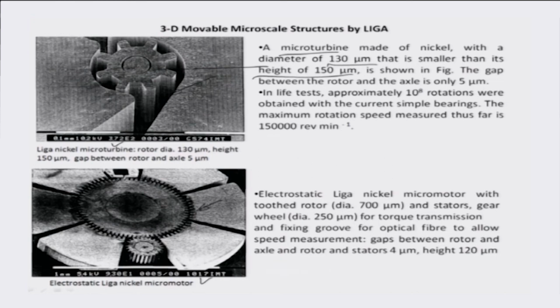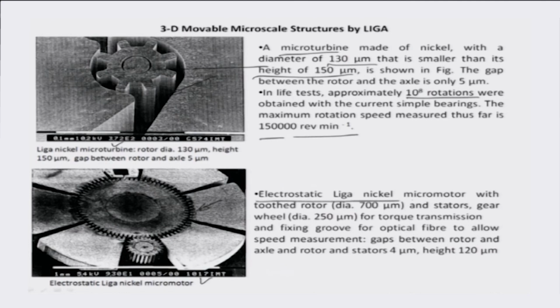So it is a large diameter high aspect ratio structure, and if you really test this turbine, it can generate about 10 to the power of 8 rotations. Okay, that is about the lifetime of this turbine, and the revolution that it can go up to is very high, in the range of about 150,000 RPM. Okay. So such is the beauty of these micro machined micro scale processes.